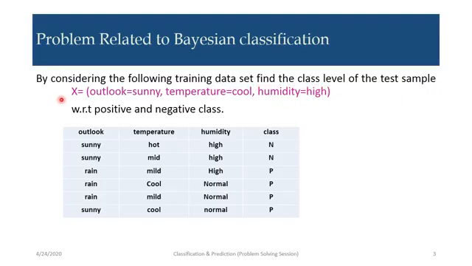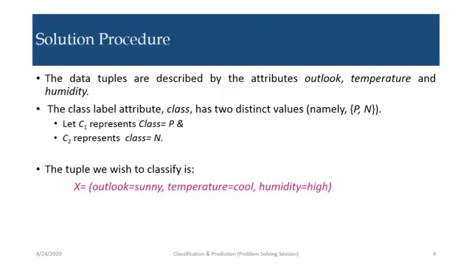Suppose we take a test sample X, where outlook is equal to sunny, temperature is equal to cool, humidity is equal to high. We have to classify this X based upon Bayesian classification, whether it belongs to a positive class or a negative class. P stands for positive class and N stands for negative class.